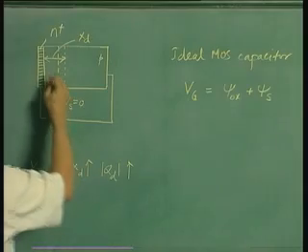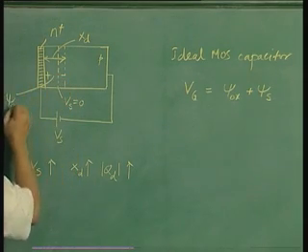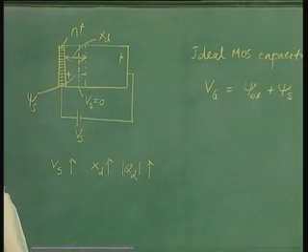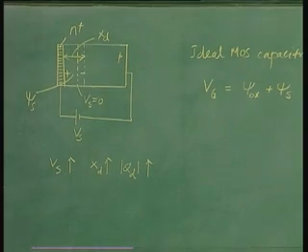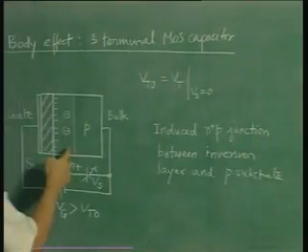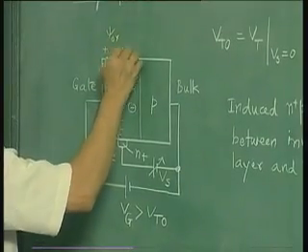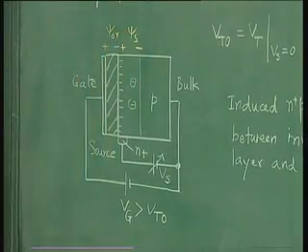This psi s is nothing but the potential drop here in the induced N plus P junction, or if you look at it in terms of this MOS capacitor, this is psi ox and this is psi s.